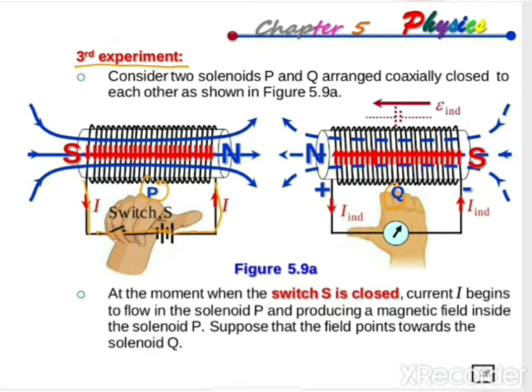By using the right hand grip rule, we can determine the direction of the magnetic field. This end of the solenoid is the north pole and this end is the south pole. Suppose that the field points toward solenoid Q.